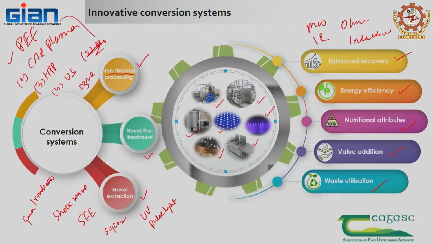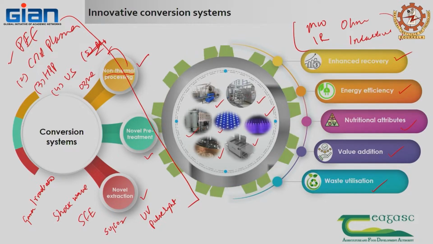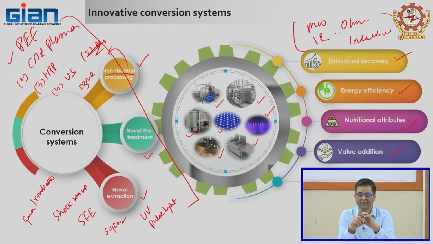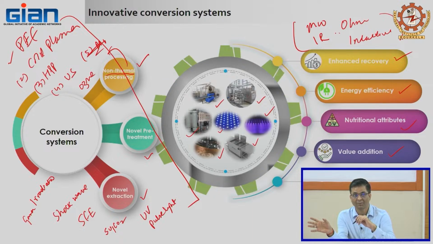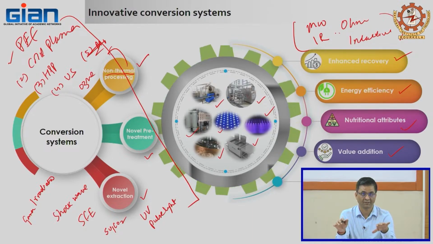All of these listed here are non-thermal. Whereas microwave, IR, ohmic, induction and those are novel thermal. Novel non-thermal, novel thermal technique. The only difference between both is that in novel non-thermal you achieve microbial inactivation at sublethal temperature, whereas in novel thermal, temperature is the prime motivator, but distribution of energy is efficient.